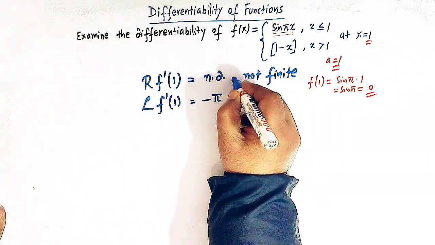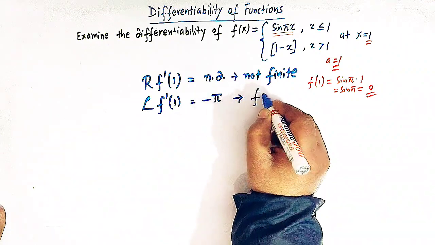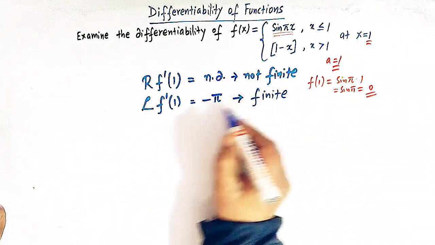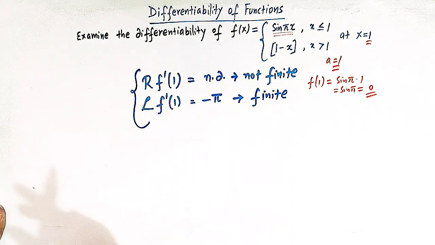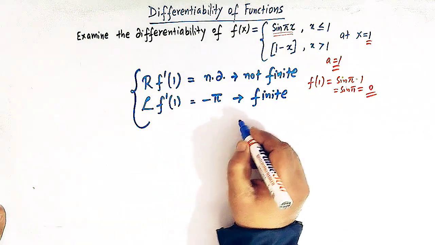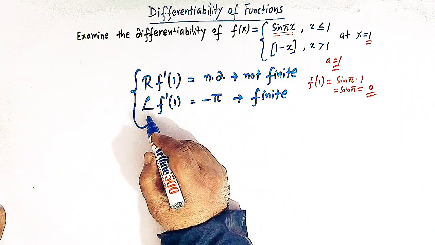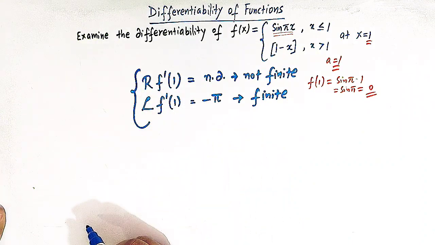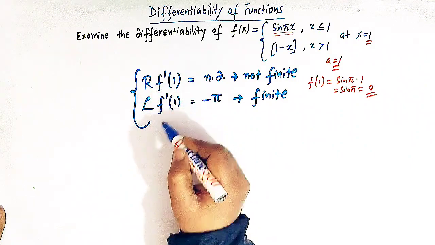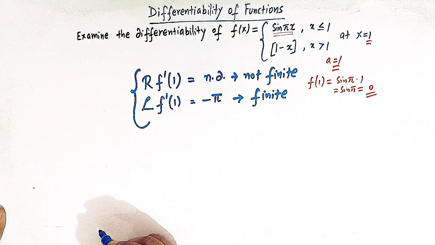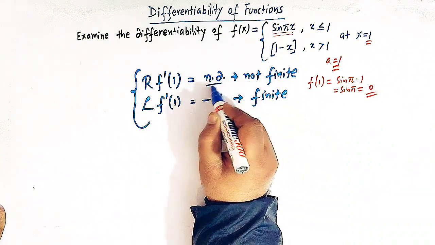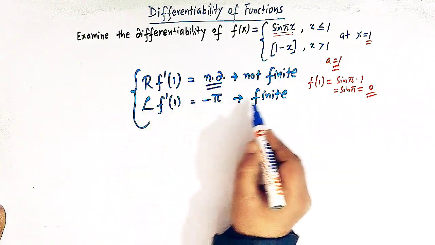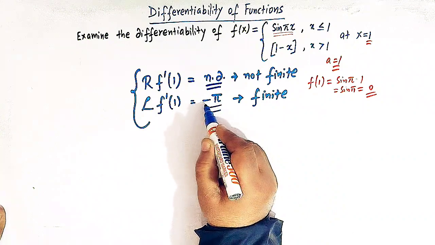And this is a finite quantity, right? So now from the definition of derivability of a function at a given point, the right hand derivative should be equal to the left hand derivative, and both the derivatives should be finite, right? But here the right hand derivative is not finite, it is not defined, and the left hand derivative is finite and it is equal to minus pi.